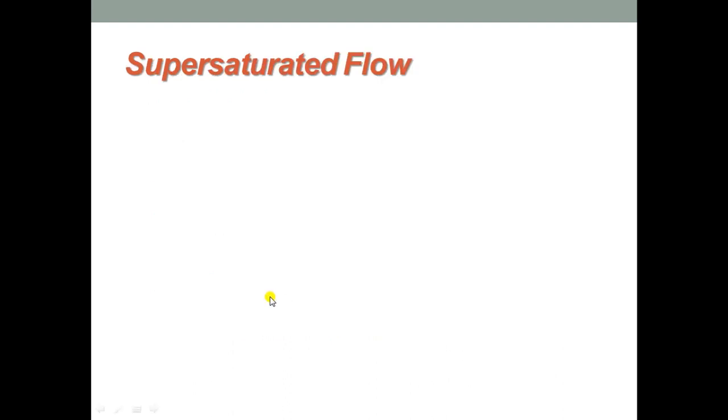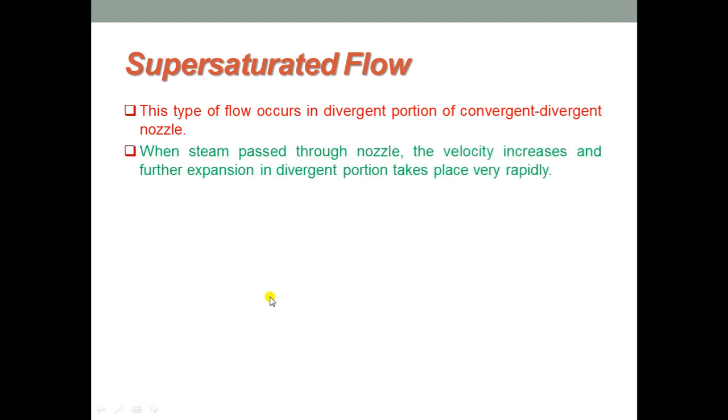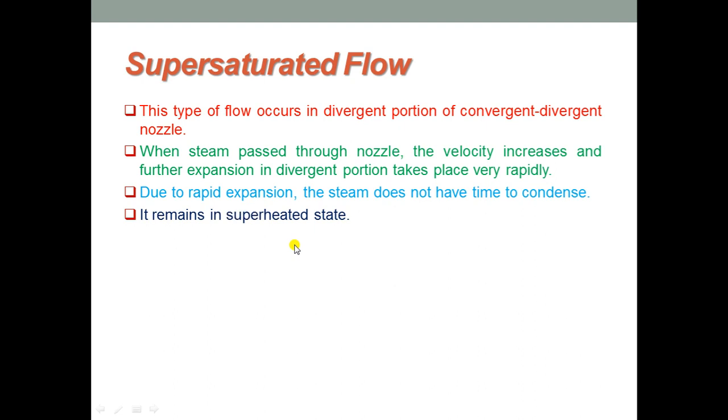Moving on to the next topic, supersaturated flow. This type of flow occurs in the divergent portion of the convergent divergent nozzle. When steam passes through the nozzle, the velocity increases and further expansion in the divergent portion takes place very rapidly. Due to rapid expansion, the steam does not have time to condense. It remains in a superheated state.